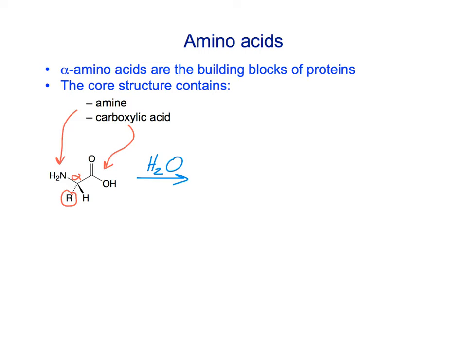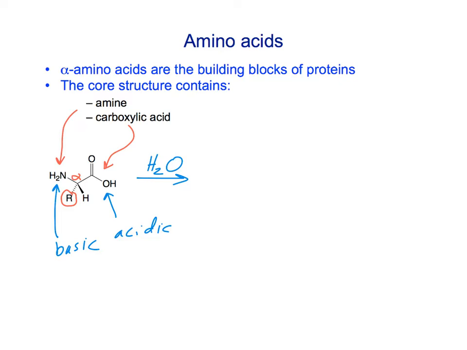Right, so if we think about this structure, we have a basic group on one end, and we have an acidic group on the other end, right? So it's like we're adding an acid and base together. So what kind of a reaction would we get? An acid-base reaction, okay?